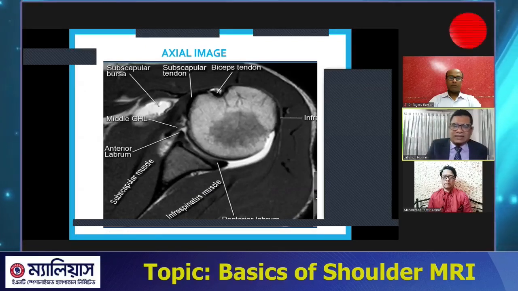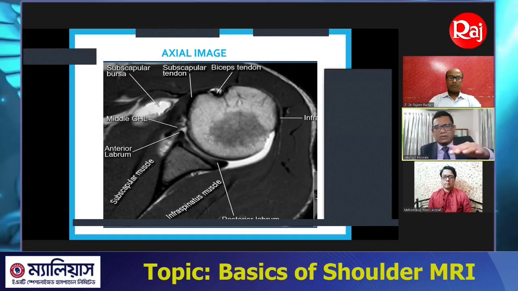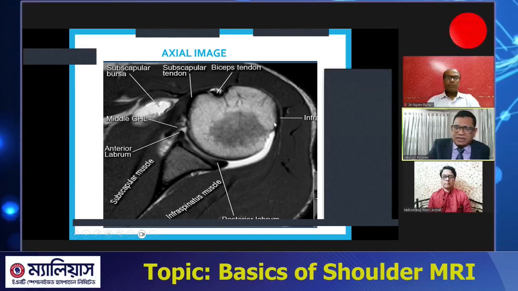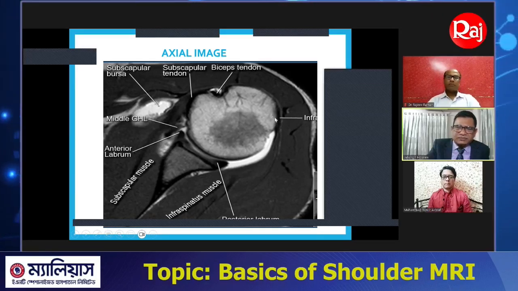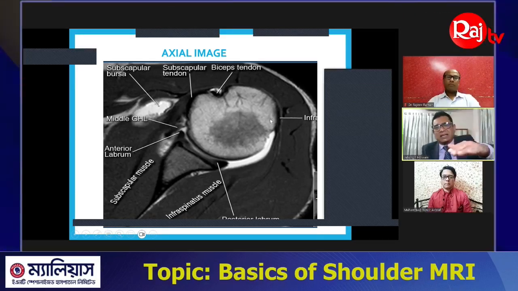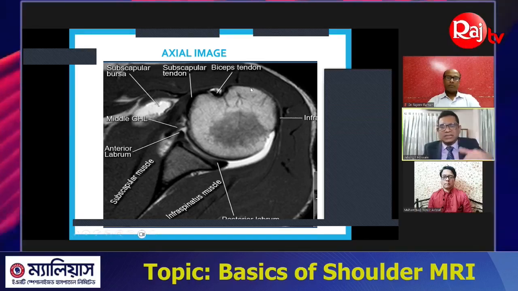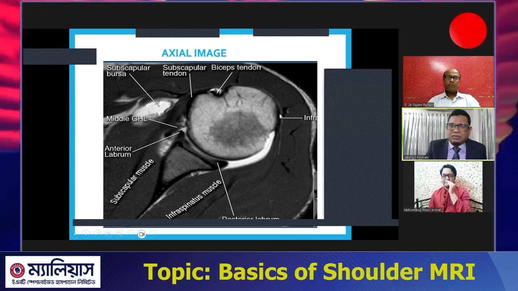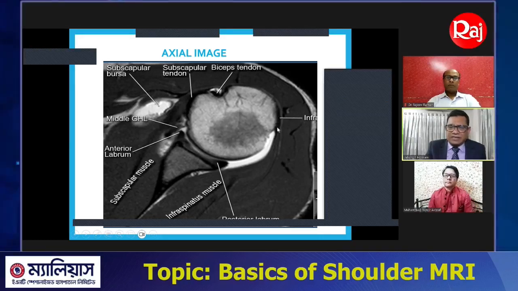And more axial, when it is cut a bit down, we can see there is the bicipital groove and the infraspinatus tendon. Here they go a bit down. So in this situation, we cannot see the supraspinatus tendon, but we can see the infraspinatus tendon.